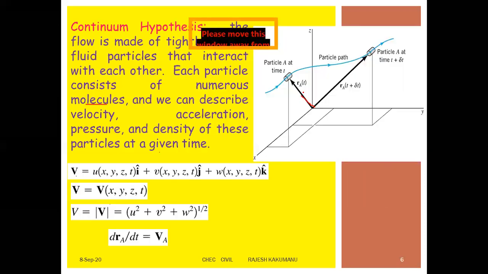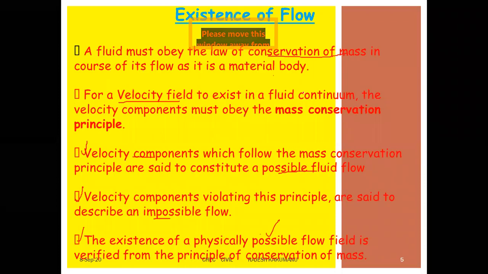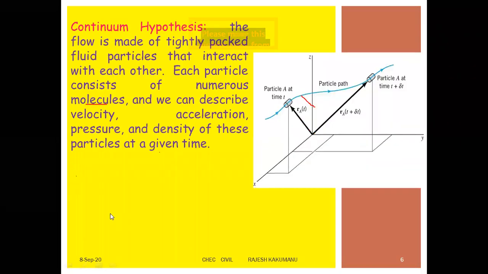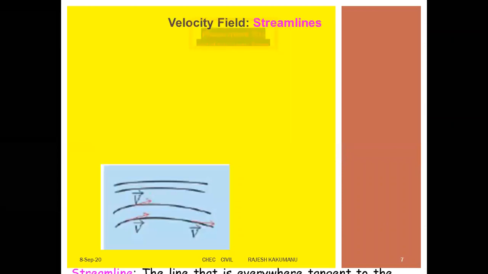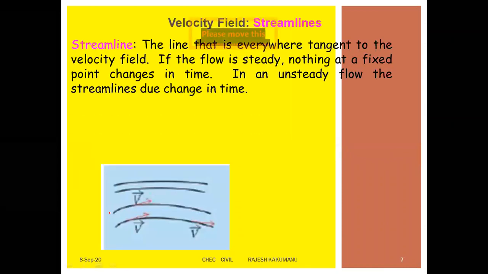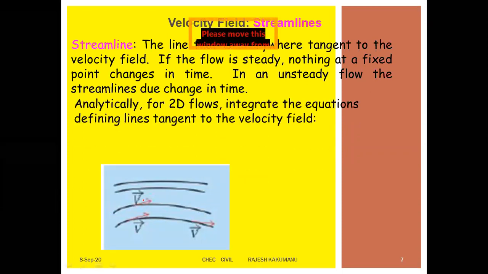Next, you see the velocity field streamlines. Whatever we discussed in the previous slide, the velocity of the particles, we can show with these figures. Now see the various definitions of the velocity field. The first one is a streamline. What is the meaning of streamline here?